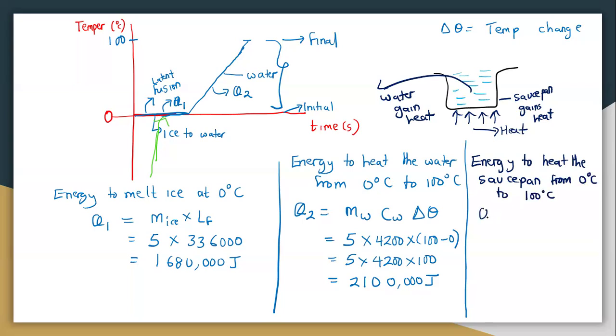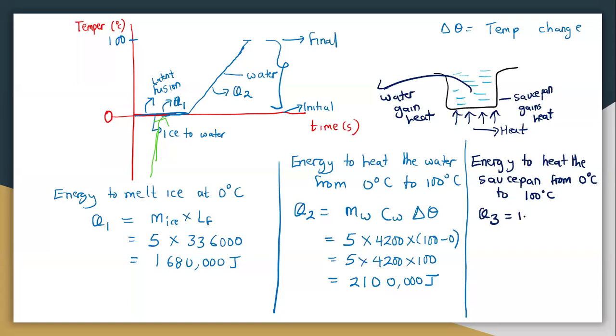That one we shall call Q3. Hoping people have understood that point. Because remember, when you are heating something, the saucepan itself is going to gain heat, and that heat will be transferred to the water. So that heat is taken in by the saucepan in order for it to be able to transfer it to the water.